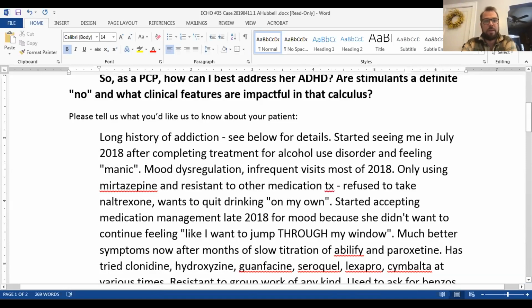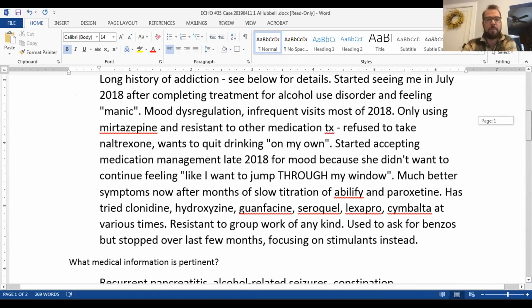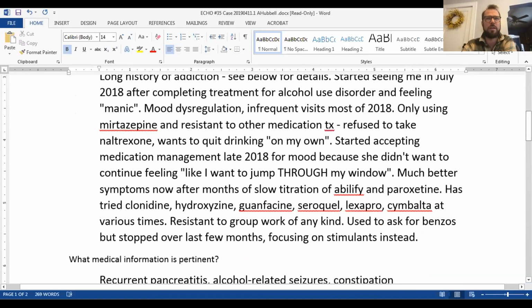Our main focus in the beginning was on her mental health. She has a history of using illicit opioids, mostly pills, and had been on methadone in the past, having weaned off in 2017. So a long history of different substance uses and addictions.